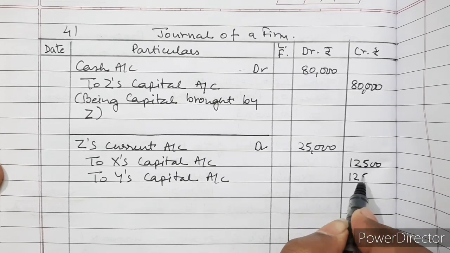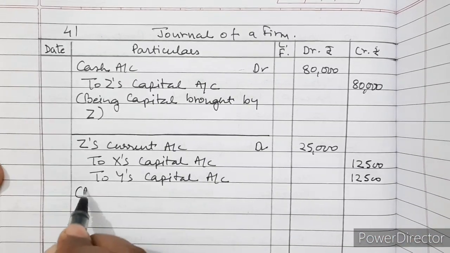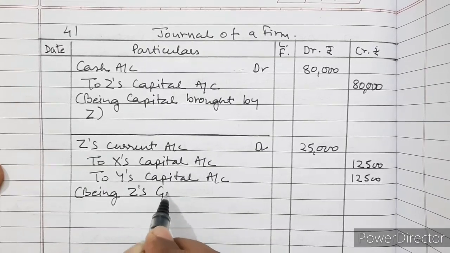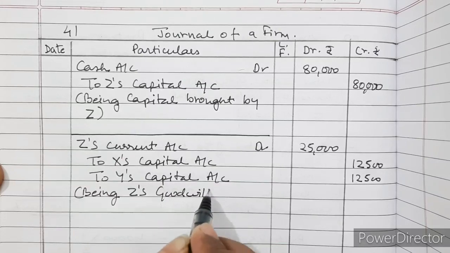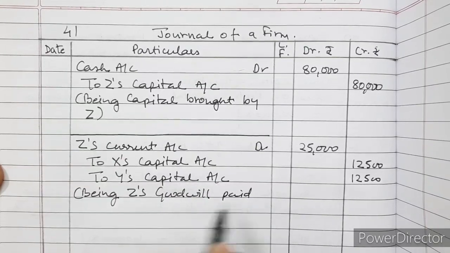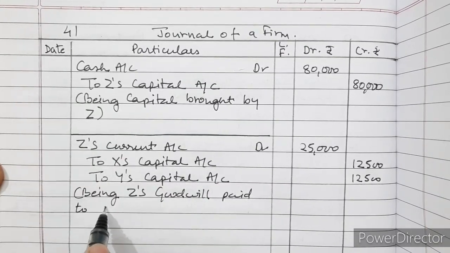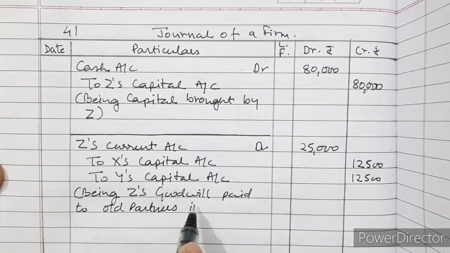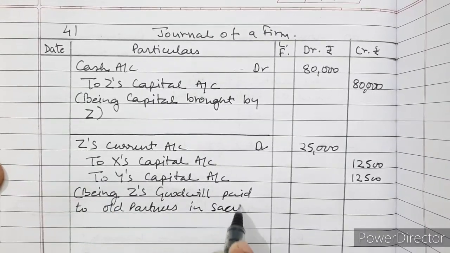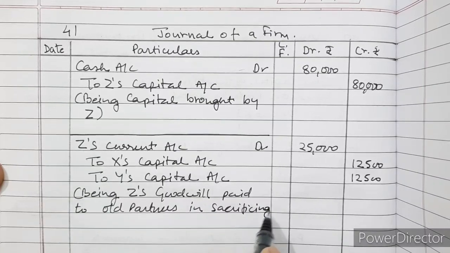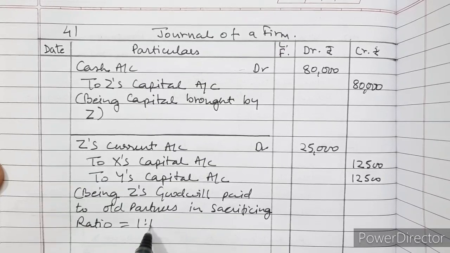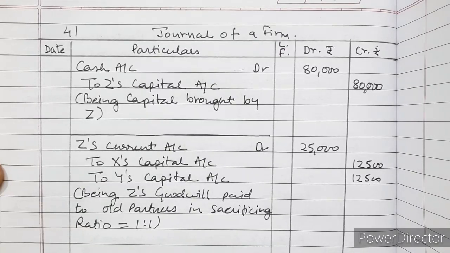So 12,500, 12,500. Being Z's goodwill paid to old partners in sacrificing ratio. That is equal to 1:1. That is the solution.